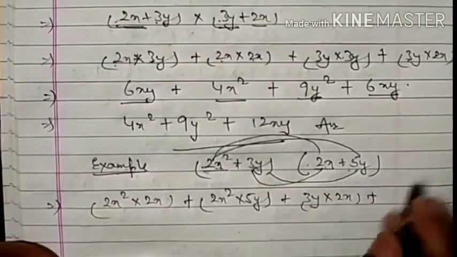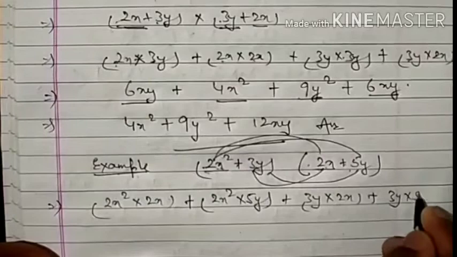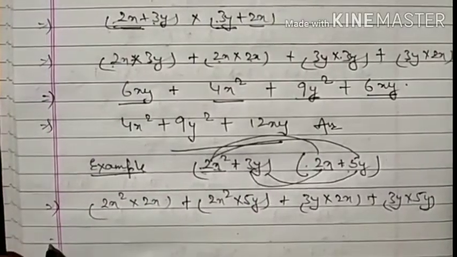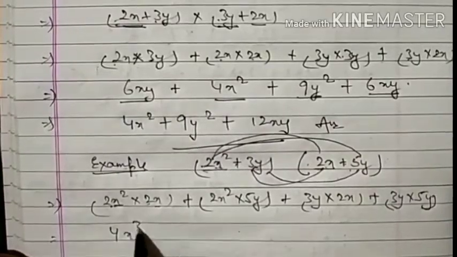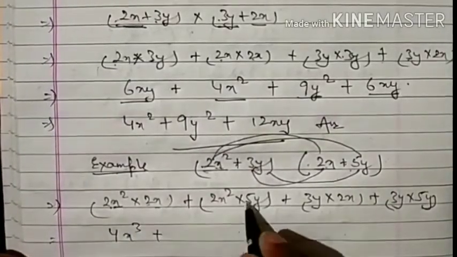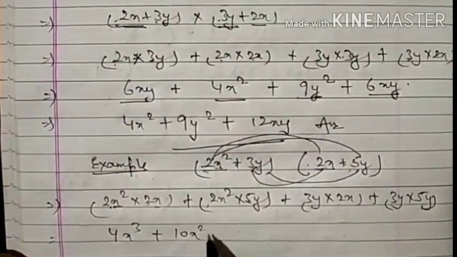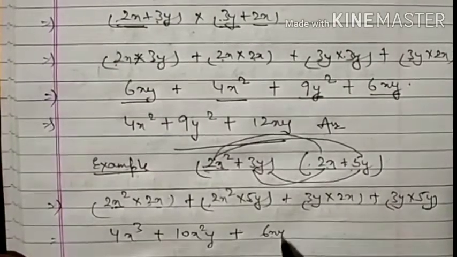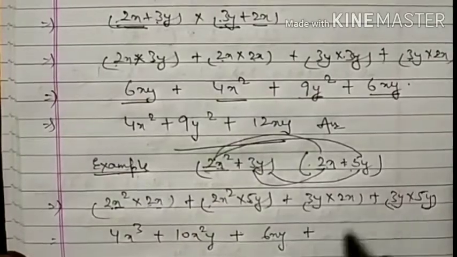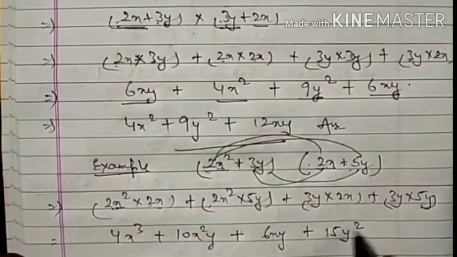What do we get? 2 twos are 4, 2x and 1x, x cube, plus 5 twos are 10 x square y, plus 3 twos are 6xy, plus 5 threes are 15y square.